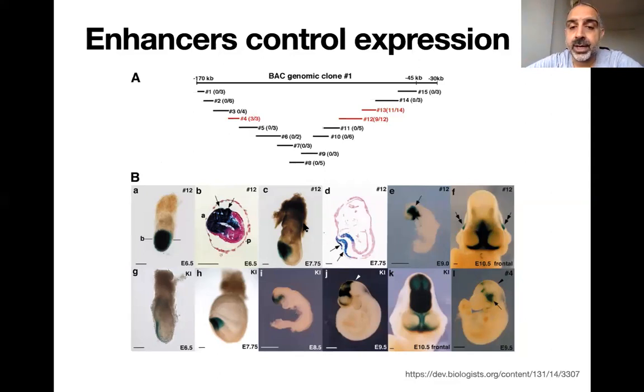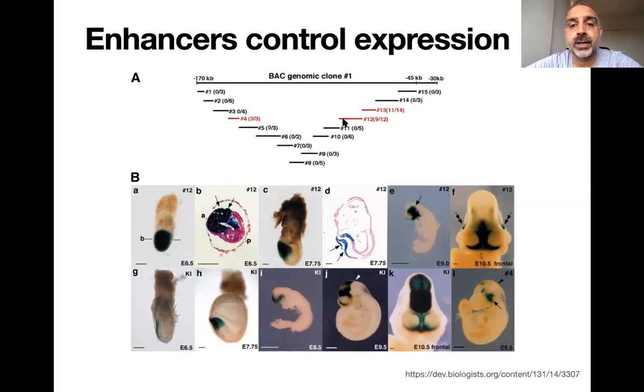And so what you're looking at here from G to K is the endogenous expression of OTX2. And these slides here, A, B, C, D, E, F, and L, are the activities of various upstream components of OTX2.